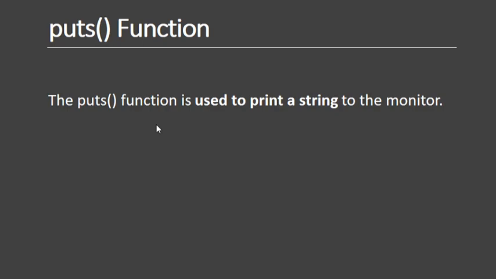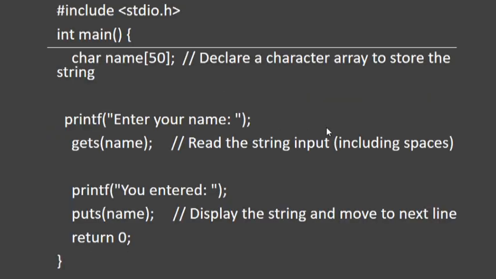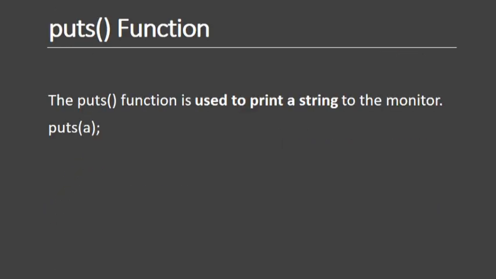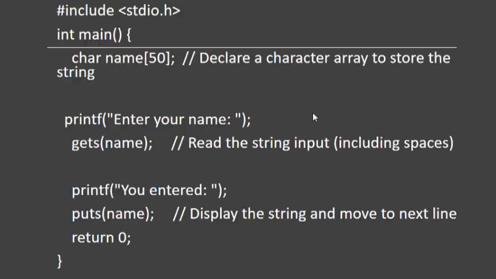The puts function is used to print a string onto the monitor. Just now I told you the array A stores Govind. So in puts, the variable you want to display should be mentioned here. Whatever A contains will be displayed onto the monitor, so a string is going to be printed onto the monitor.